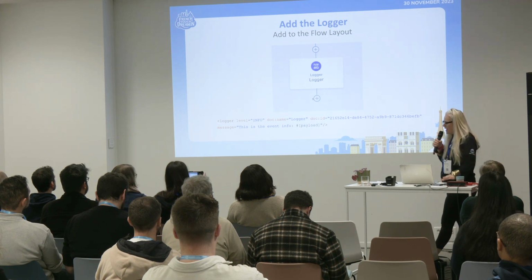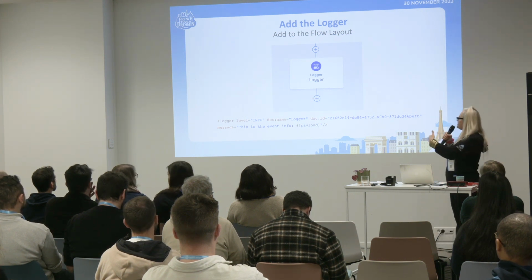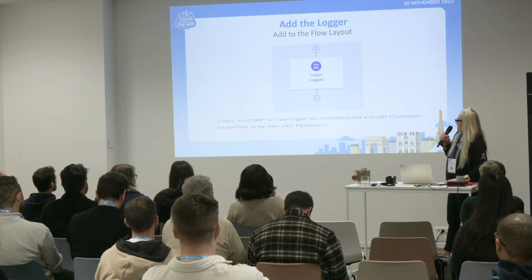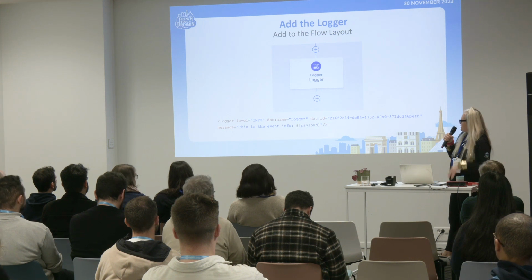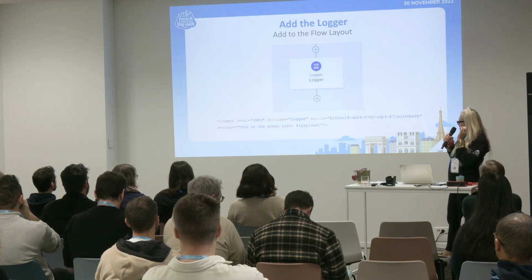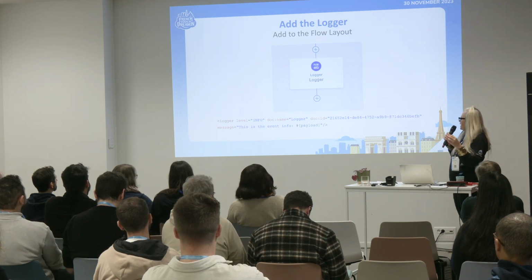And then to actually see this working, instead of connecting to another system, I just added a logger element to my flow. Very easy, basic, so that way you can see the output and it shows your integration working and subscribing to the platform event.